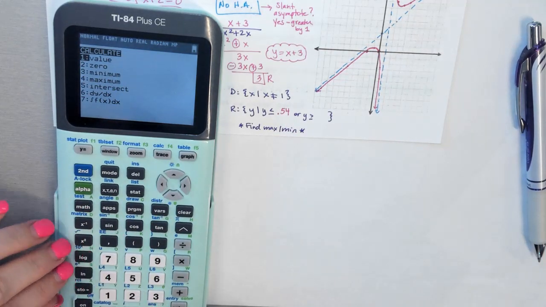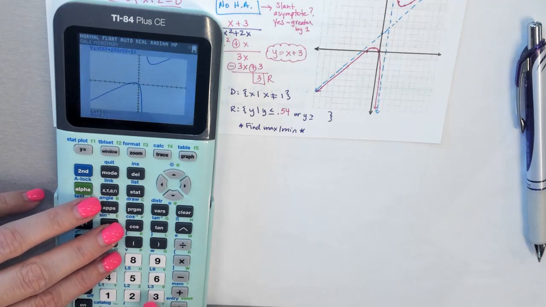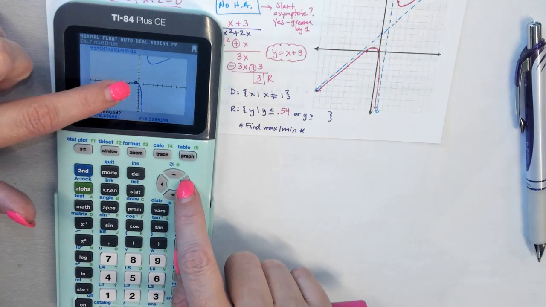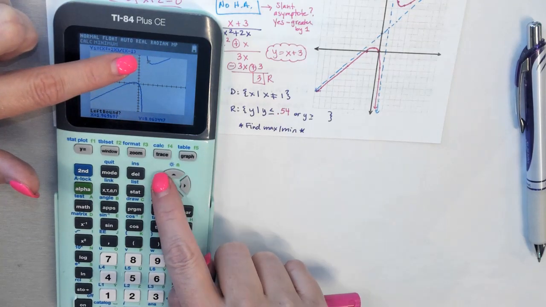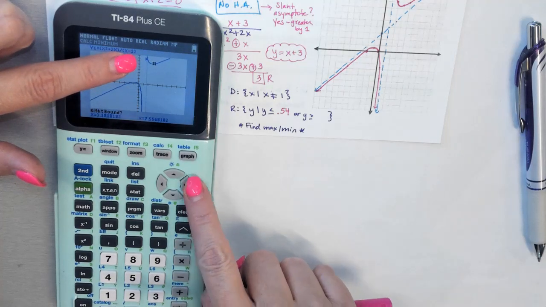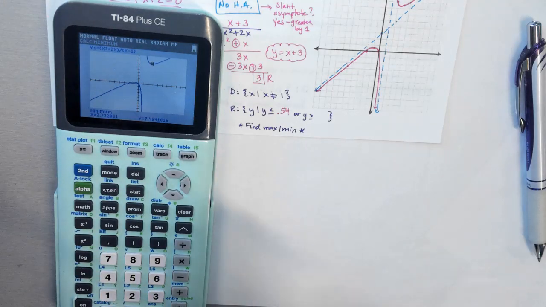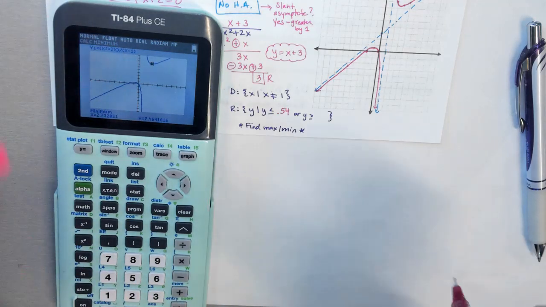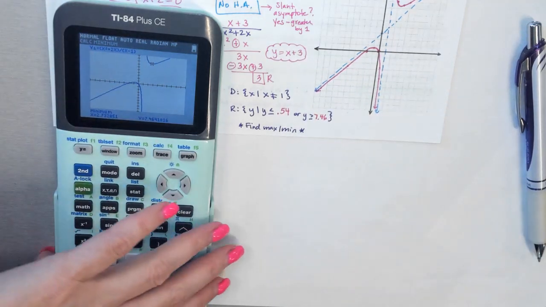So when you go to the minimum, that is number 3. So it's on this curve. I'm going to arrow to the left because this is to the left here. Okay, and then I'm going to tell it, hey, find the lowest point between these two things. Okay, and it will do that. Okay, so you should get 7.46 if you round to the nearest hundredth.